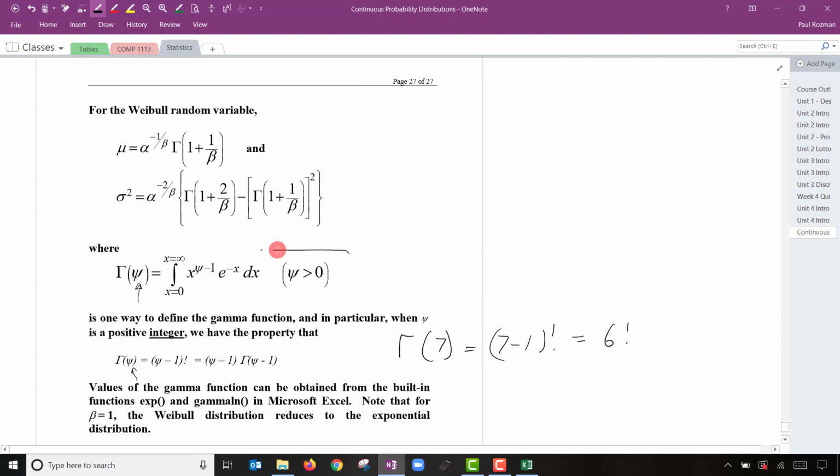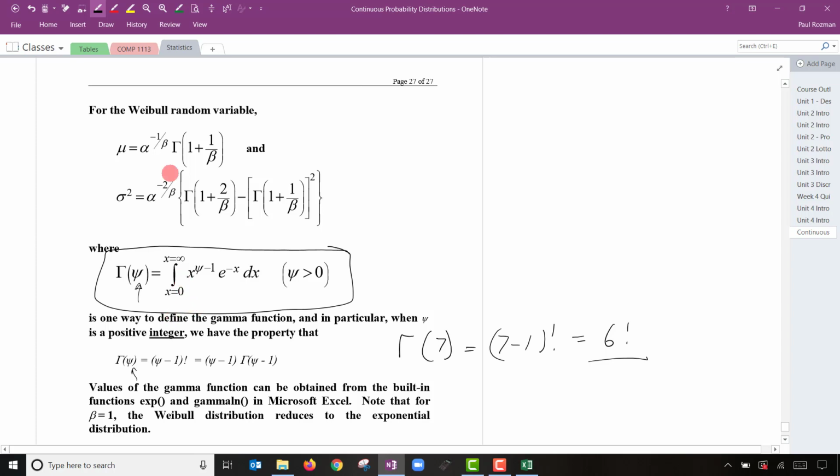So this nasty looking integral, if you're evaluating it at 7, is just 6 factorial. Of course, if you want to do gamma of 7.1, then you've got your work cut out for you with this thing. Most likely you'll have to do some numerical methods, or use some software, Maple or something, to give you a good estimate for this.